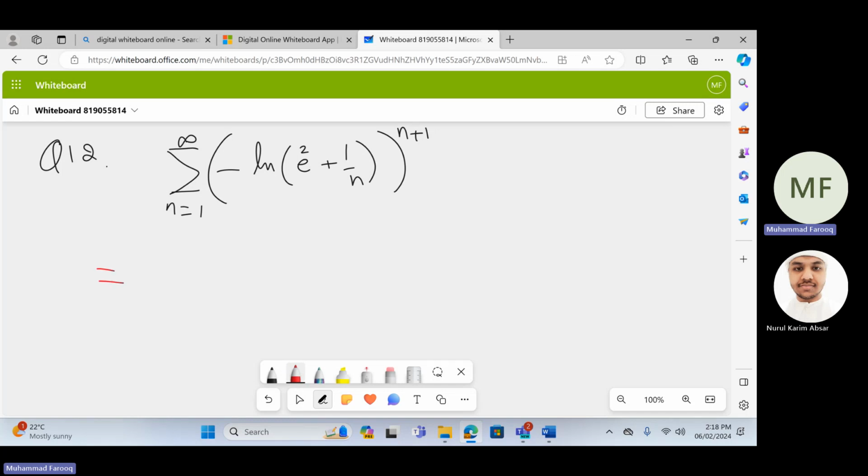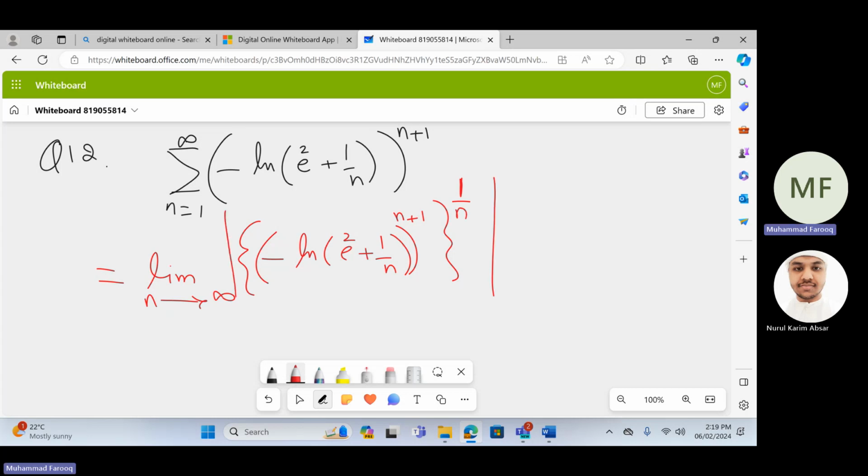So limit n approaches infinity of minus ln with the argument e squared plus 1 by n, and the complete function has power n plus 1. Now we apply the root test, meaning the 1 by n power, nth root, with absolute value. We just apply the formula, okay?